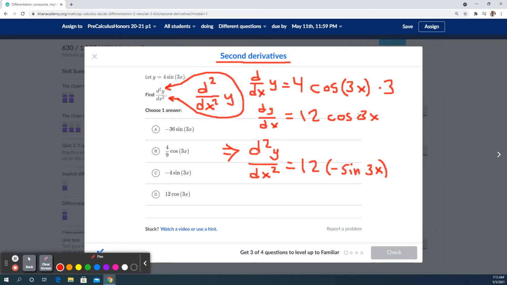And then we have a chain rule applied here again. The derivative of the inside function, the composite, is just 3. So times 3. Simplify our work. 3 times 12 is 36. We have that negative we'll put out in front, and it's sine of 3x. Negative 36 sine of 3x. There it is right there.